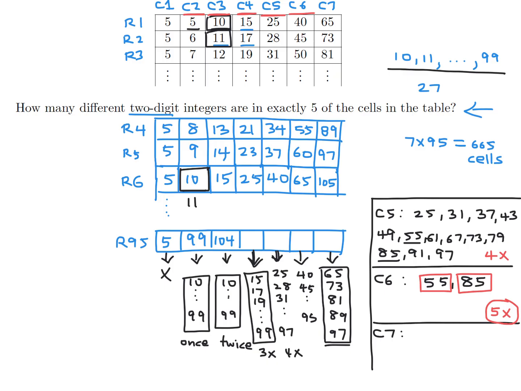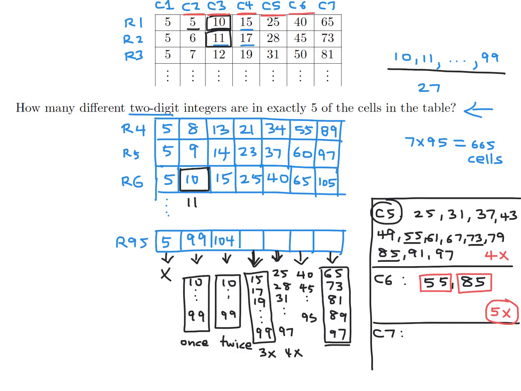Yeah. So now, let's see here. How about C5? C5 is here, this guy. Do any of these appear in C5? 65 does not. 73 does. Okay, that's very helpful. 73 does in C5. Does 81?